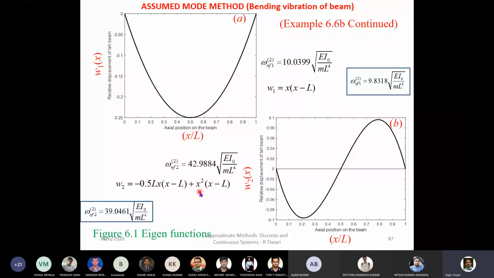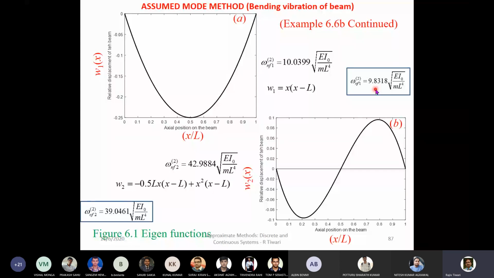Now if you want to compare, this comparison I will come back to again. Actually, this is the natural frequency we obtain, if we take the comparison function instead of the admissible function, because we know that the comparison function has a higher requirement.